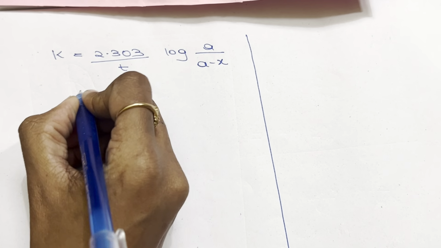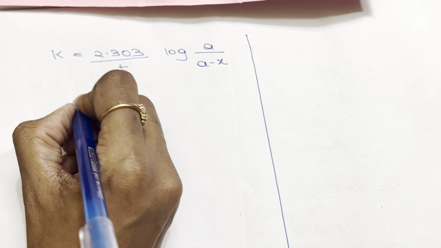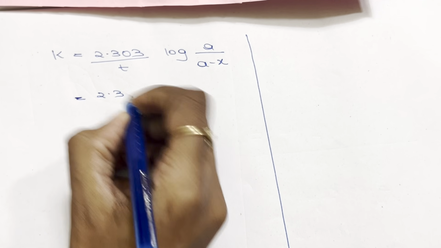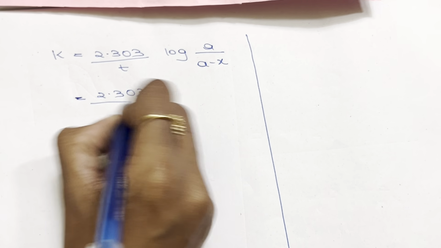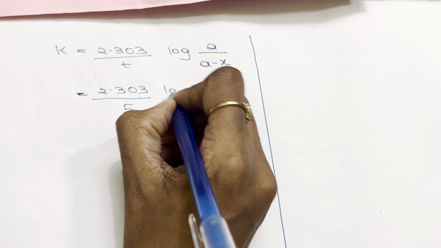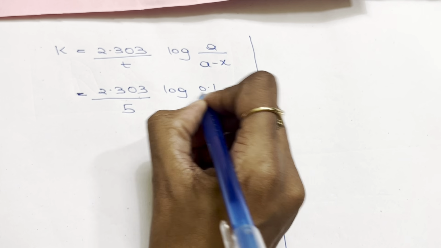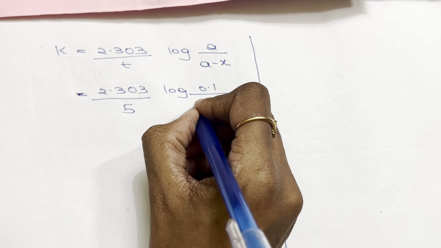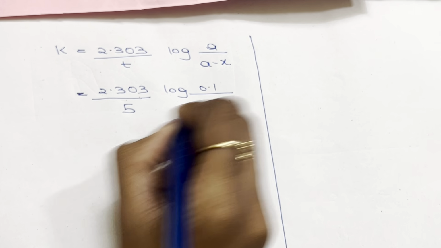Now we put the values: 2.303, time is 5 minutes, then log of the initial concentration 0.1 and after time it becomes 0.01.